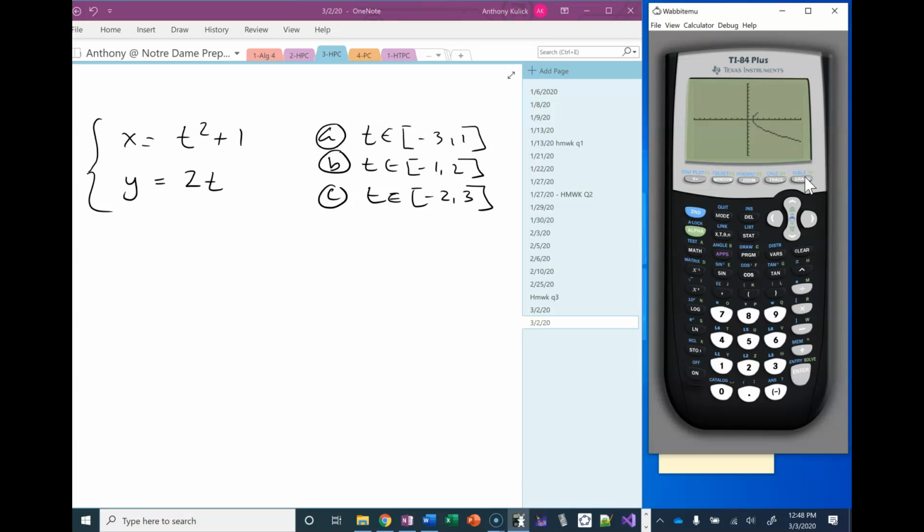Take a look at this graph. Did you notice anything strange about this? So it just stops.